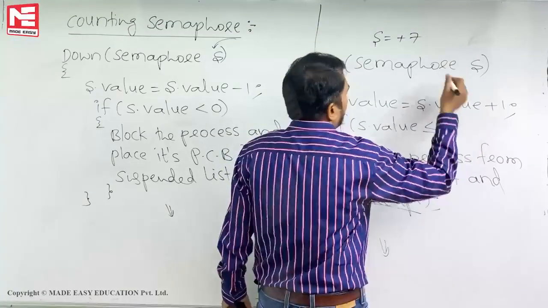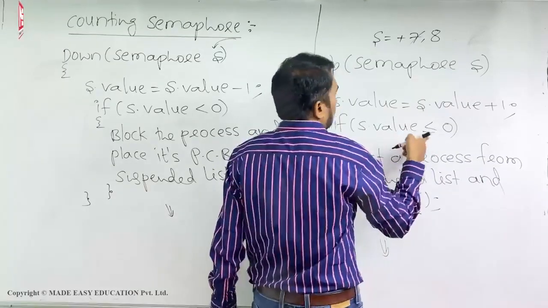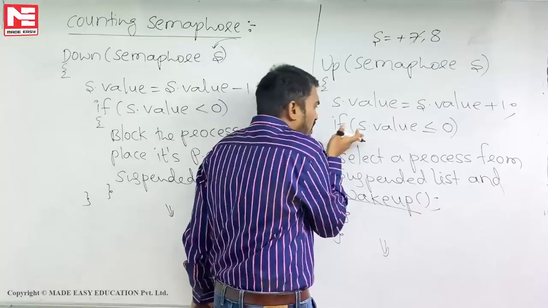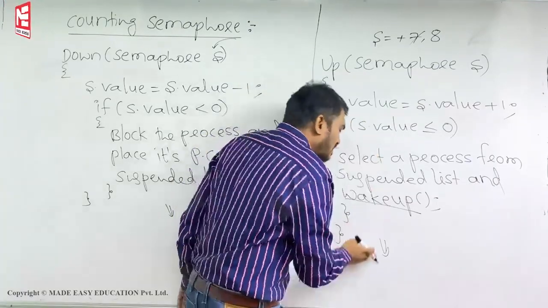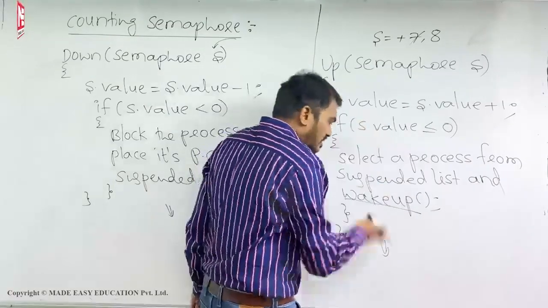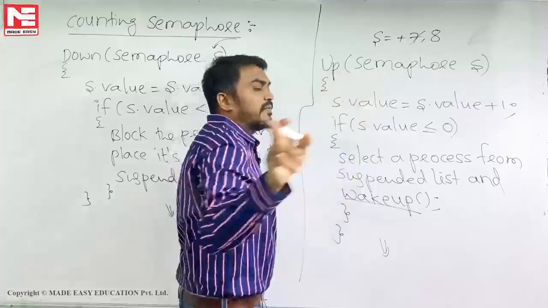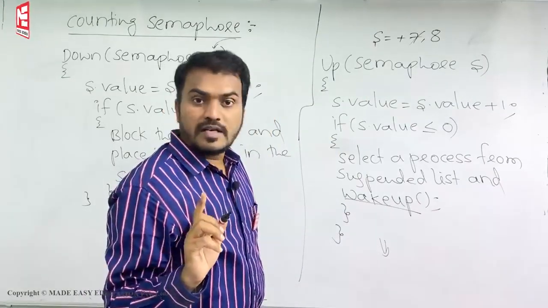So if we increment, it becomes 8. And next, is the semaphore value less than or equal to 0? Is 8 less than or equal to 0? True or false? False. If it is false, successful or unsuccessful? Successful. True or false, it is successful. Is that clear? So there is no unsuccessful up operation. Up operation is always successful.